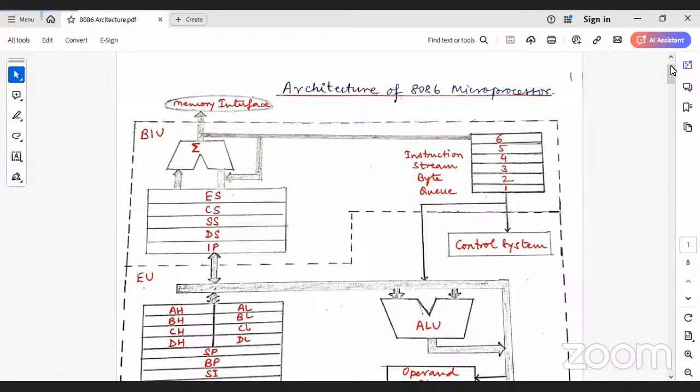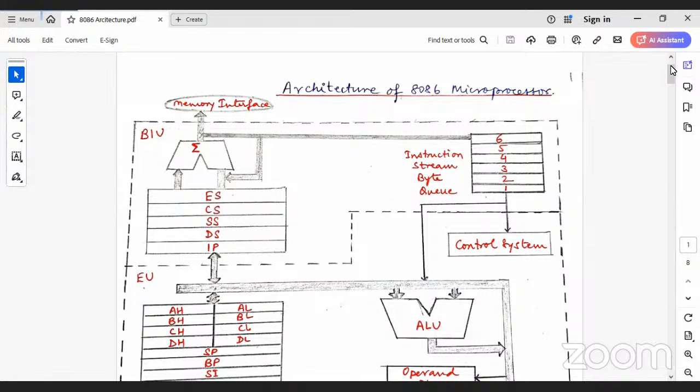So while the execution unit is doing the execution, in that time, another instruction can be fetched by your BIU. So that is the pipelining technique. At a time, fetching will be done by BIU and execution will be done by EU. So the moment EU is doing the execution, the BIU will fetch another instruction.